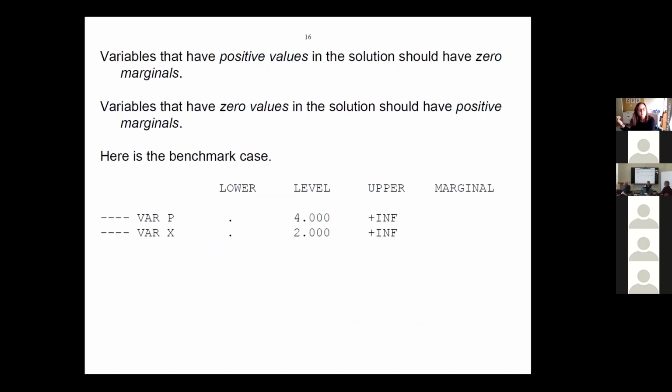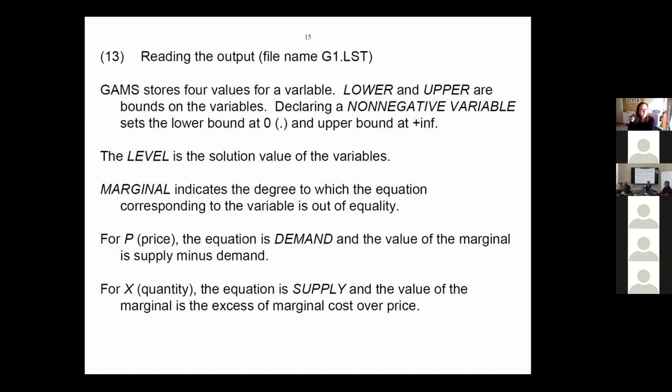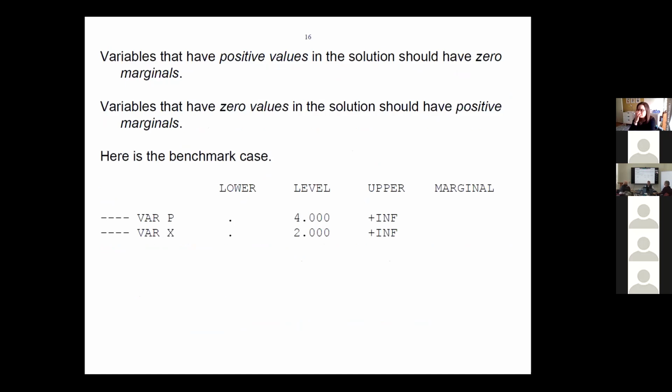Okay, let me just, rather than read this, just go. So if you run the model, in the listing file, the .lst file, you'll see the following. Maybe I should have done this earlier when I talked about the 4 values that are stored by GAMS. So now you go down the listing file, you see where variables are, and this is what you'll see.